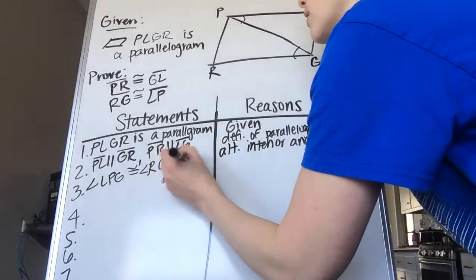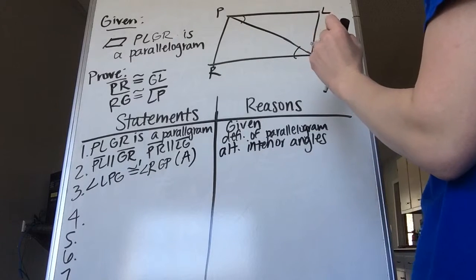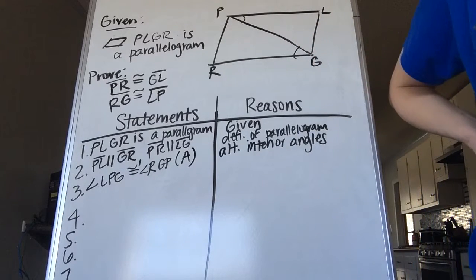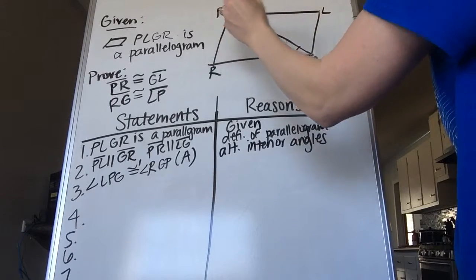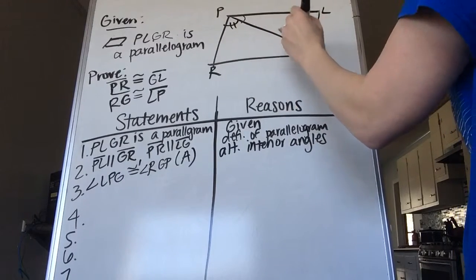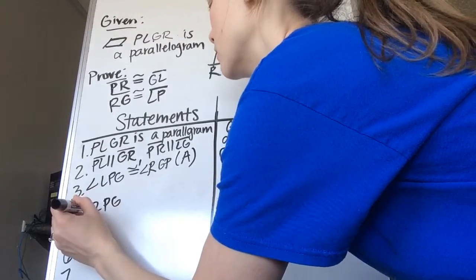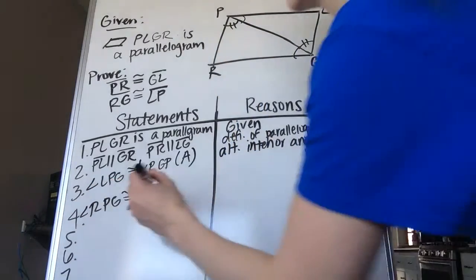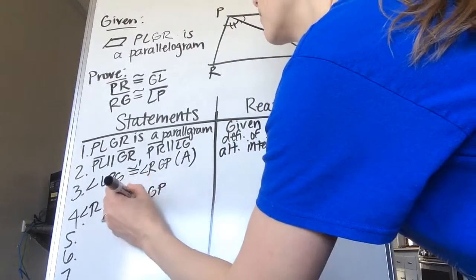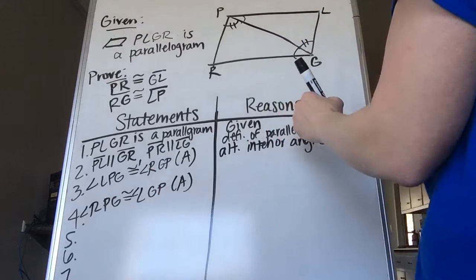So we have an angle there. Well, it cuts both sides of the parallel lines, so we can also say that RPG is congruent to LGP, which is another angle.